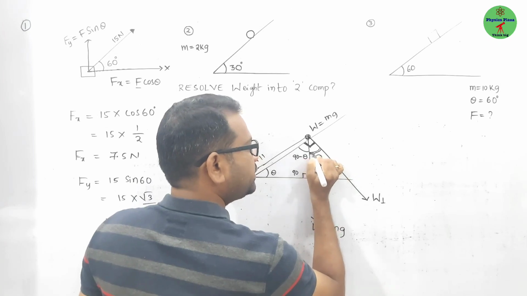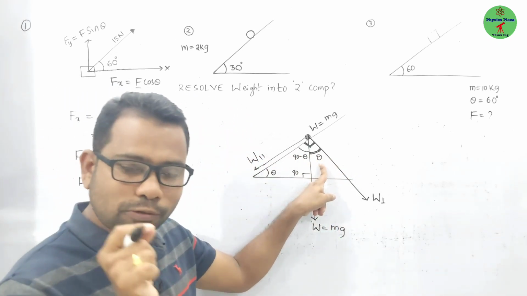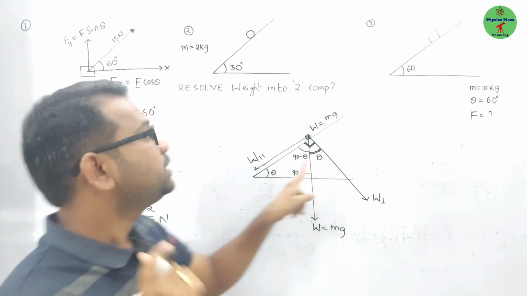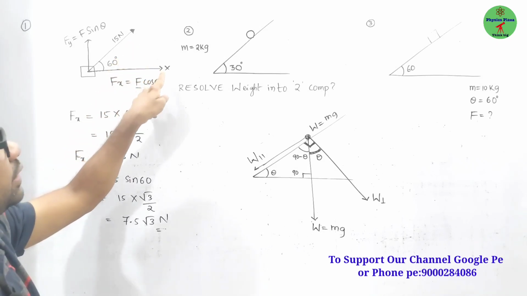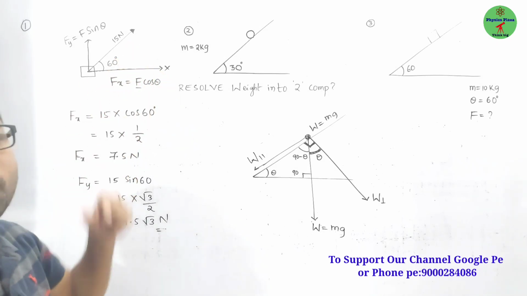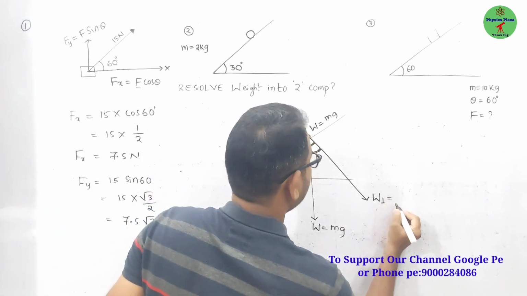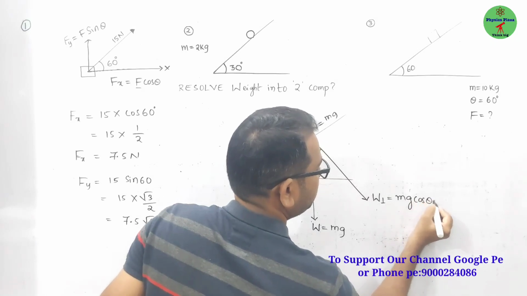Children, understanding this angle is very important. You see theta. So here is theta, here also theta. Now just apply this concept. If the resultant vector makes an angle theta with some axis, along that we will get a cos theta component. So now here we are going to get mg cos theta.